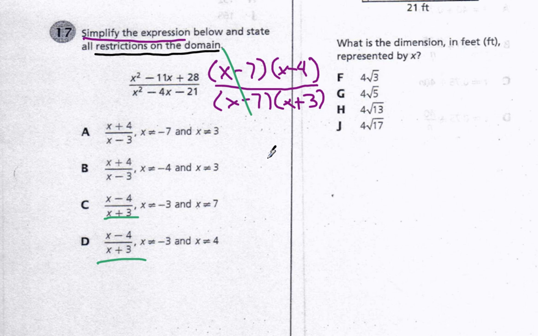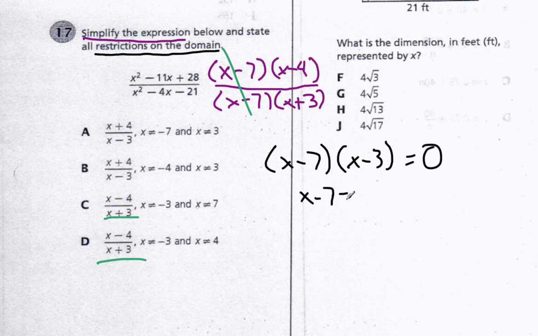So we want to know what makes x minus 7 times x minus 3 equal 0. What makes x minus 7 equal 0? Well, that would be positive 7. And if this left term equals 0, 0 times whatever this is will equal 0. So x equaling 7, that can't work.